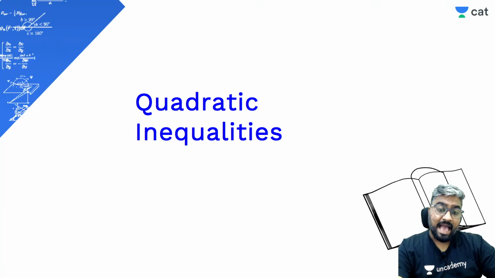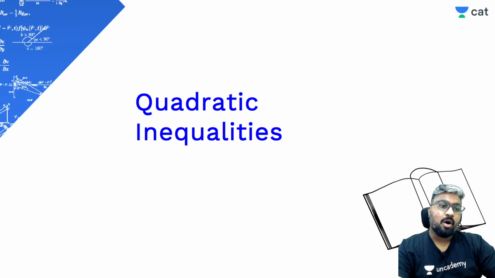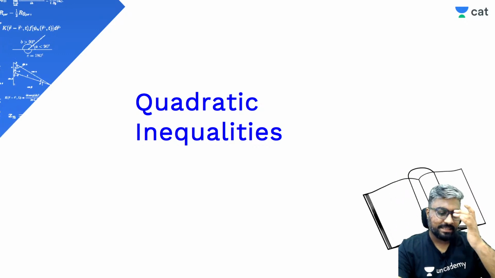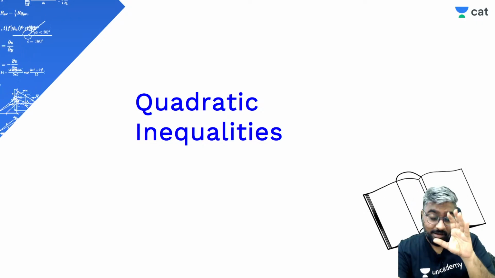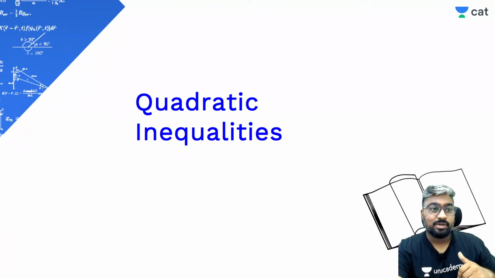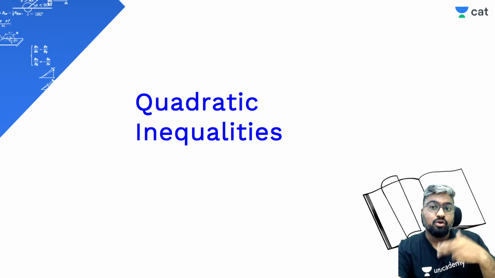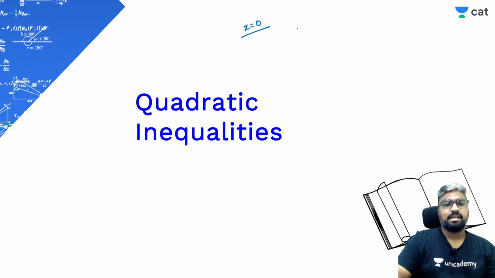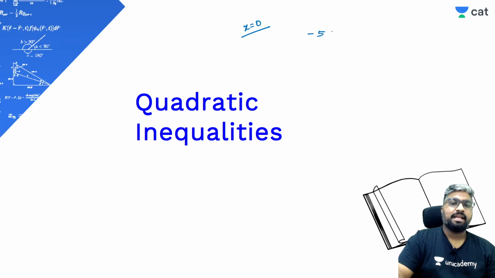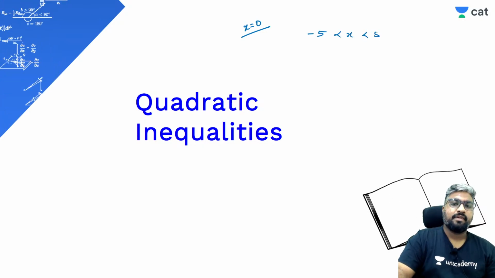Chesta, yeah, you can, provided you've eliminated all the other answer choices. You can select an answer choice even if one value satisfies, provided all the other answer choices are eliminated. एक value दो जगह पे भी हो सकता है. For example, x equal to 0 can be a part of -5 less than x less than 5.